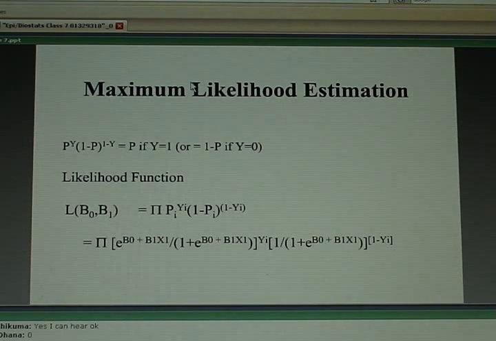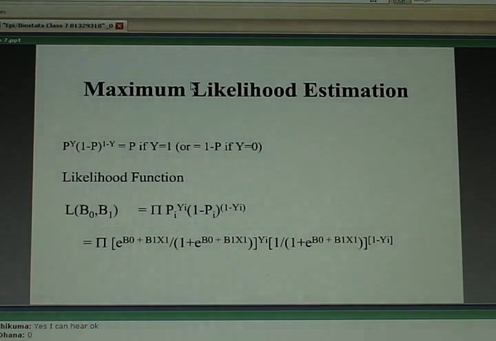So if a person got disease, y is 1 and 1 minus y is 0. Any number raised to the 0 power is equal to 1. So for anybody who gets disease, this expression is just p. For anybody who didn't get disease, y is 0, so the first factor is p raised to the 0 power, which is 1, times 1 minus p raised to the 1 minus 0, which is 1, so it becomes 1 minus p.